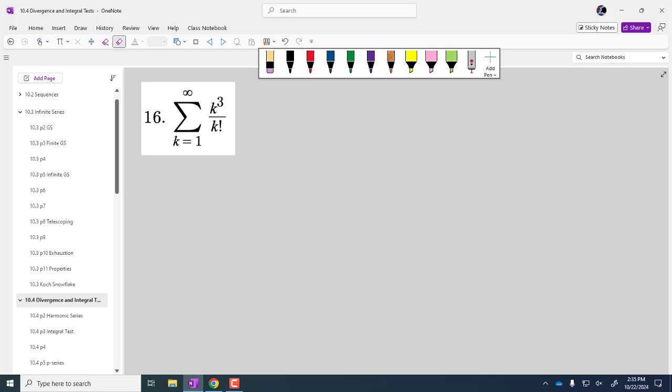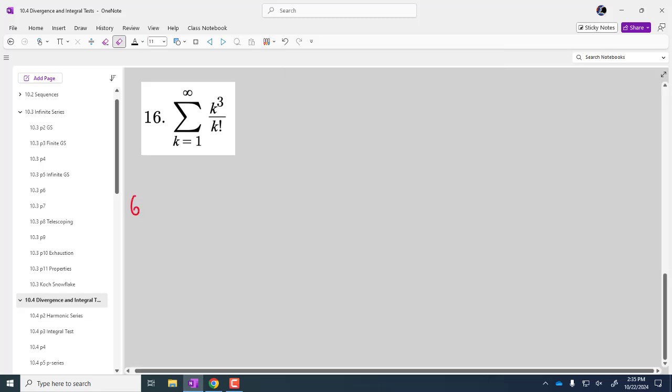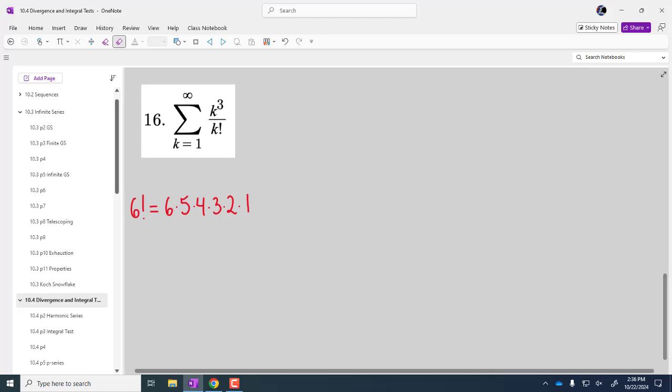So just as a reminder, 6 factorial, we just do repeated multiplication all the way down until we get to 1. We do them in Calc 2 just because you don't really need them in Calc 1. The functions that have factorials are just very hard to analyze, so they don't show up in Calc 1.